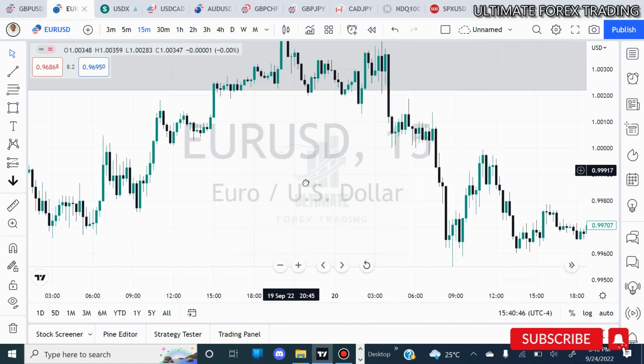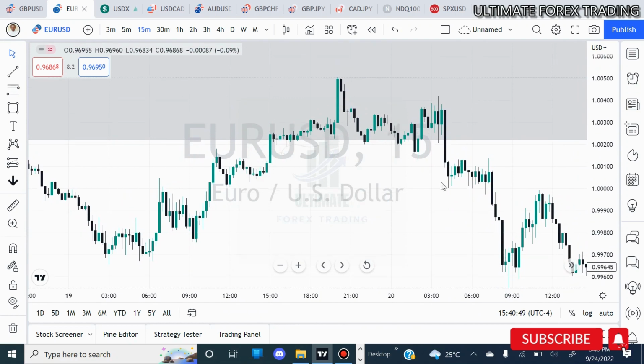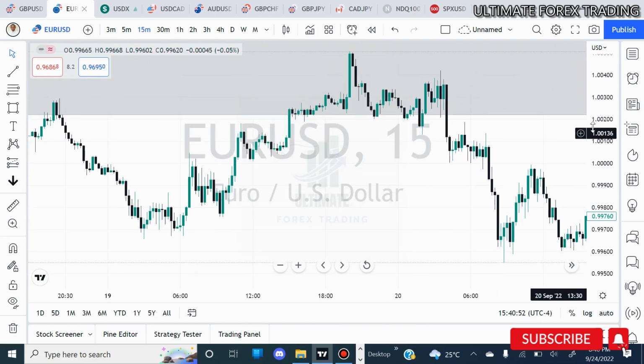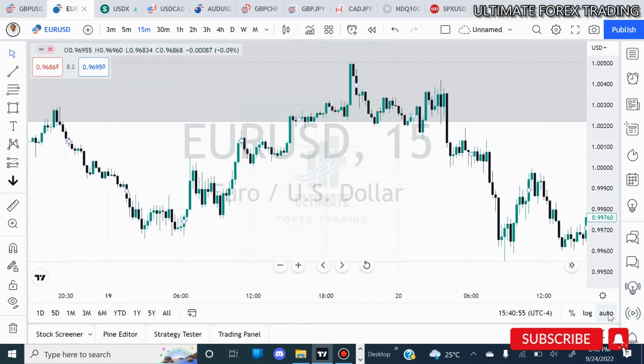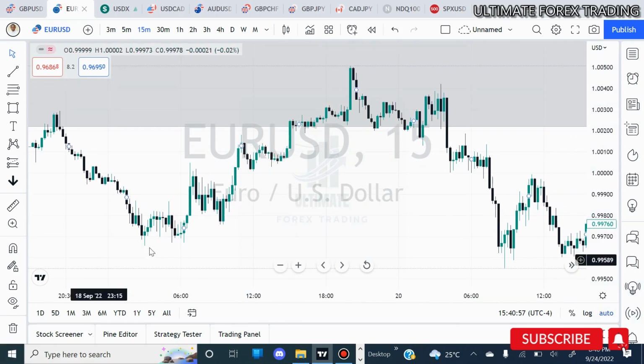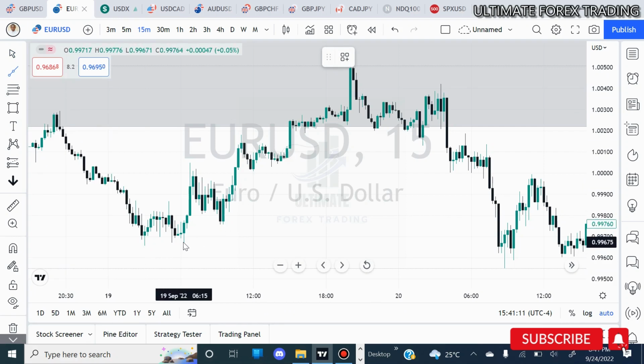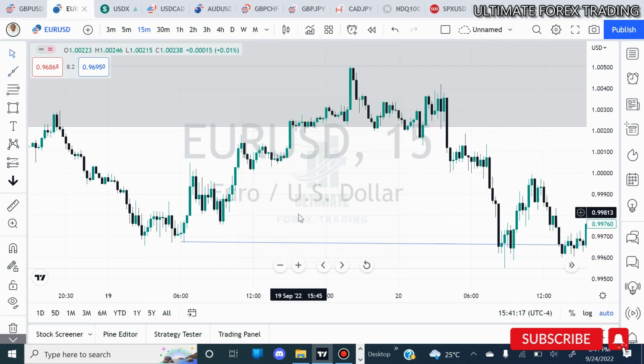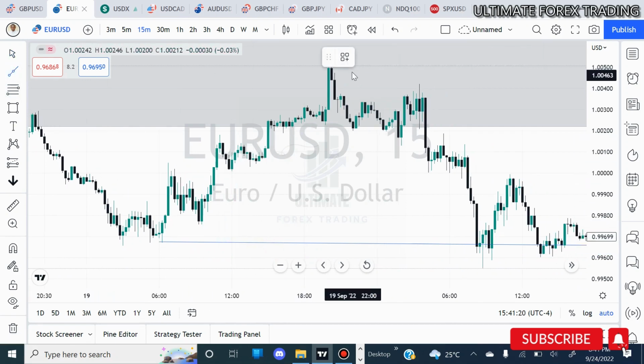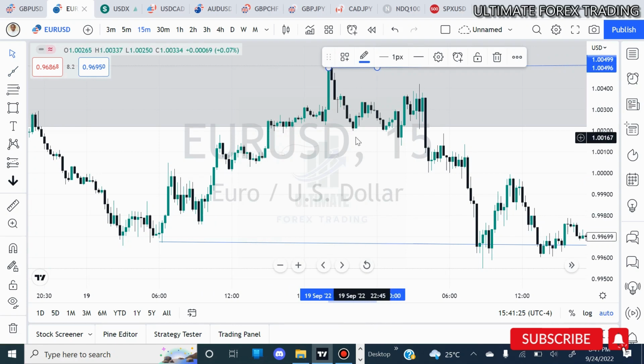What do we have here? Okay, we are trading the daily range, right? And we have 19th September. We have the previous day low here. And then we have the previous day high here.